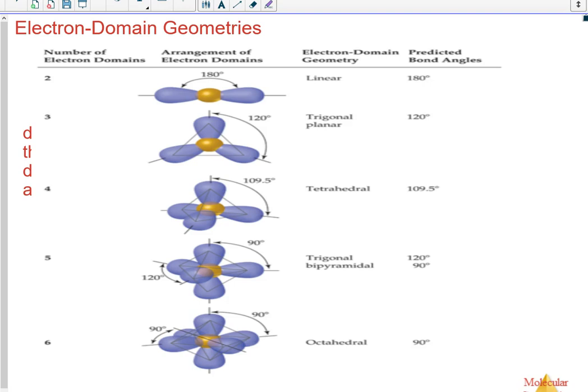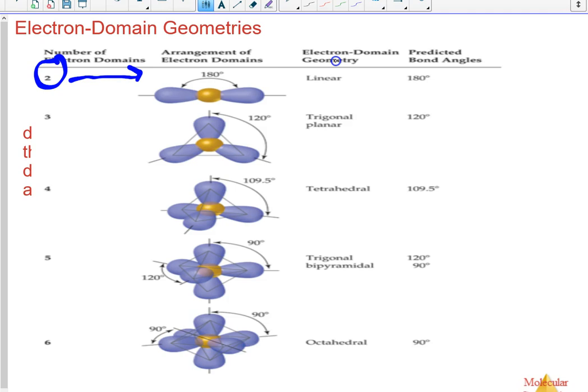Now, what you have to know is the general shape. And we started yesterday, at least with linear, correct? So you need to know if you have two electron domains, you have a linear electron domain geometry.